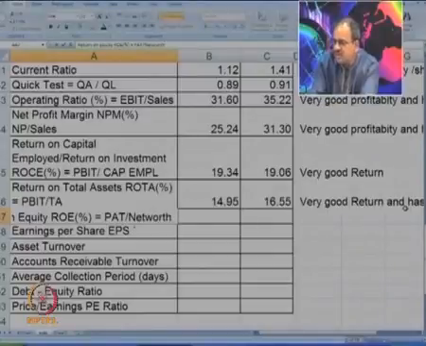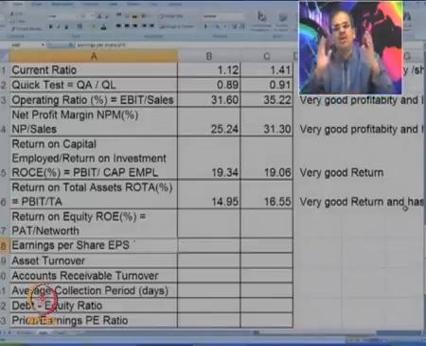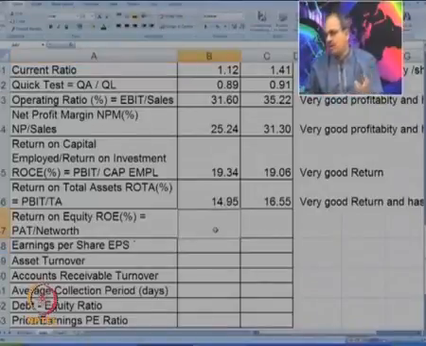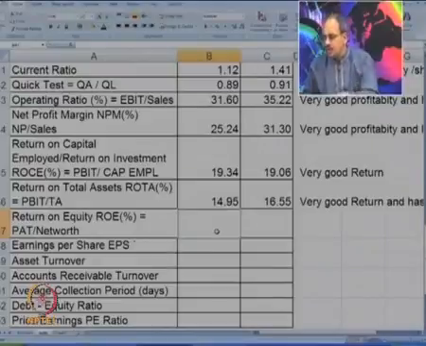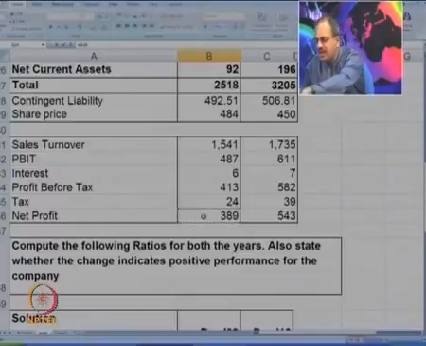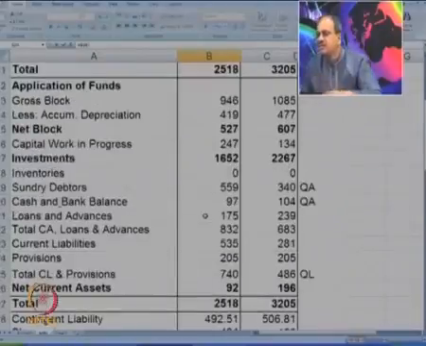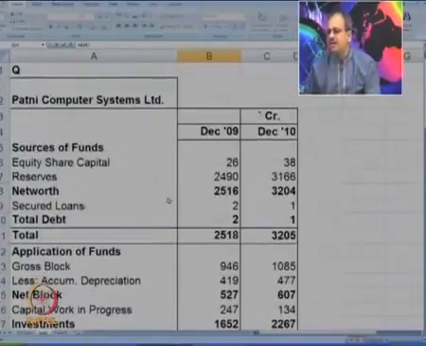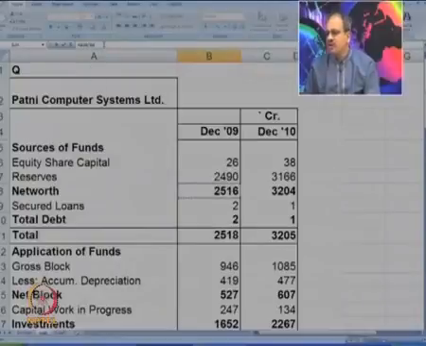You know, net worth is nothing but the owner's fund or equity as it is called. So, this is PAT, that is 387 divided by the total of net worth into 100.